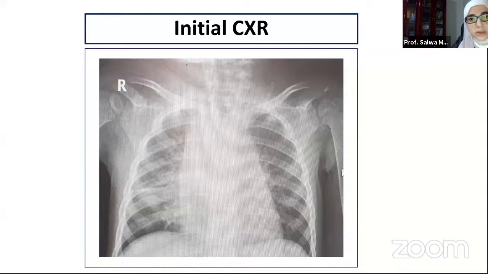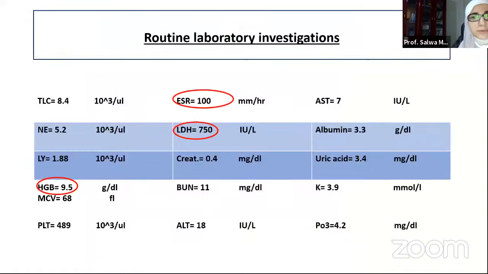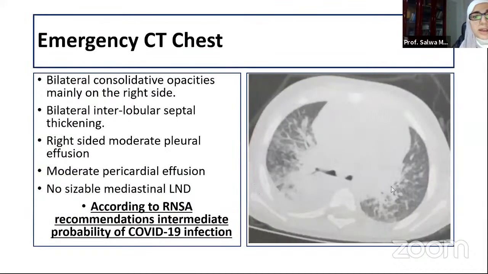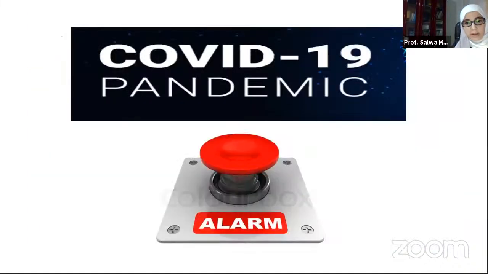This was her initial chest X-ray. Her initial laboratory investigations were significant for mild microcytic hypochromic anemia. ESR was 100. Her LDH was 750. She did an emergency echo and it showed pericardial effusion, which was moderate. Her emergency CT chest was positive for bilateral consolidative patches, more over the right side, and she was labeled, according to our radiology department, to be of intermediate probability for being COVID-19 positive.